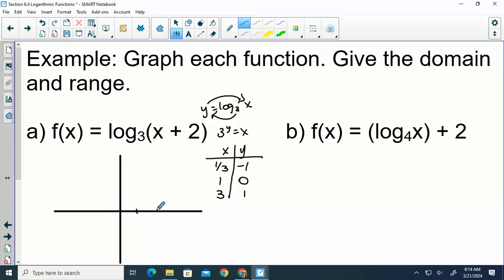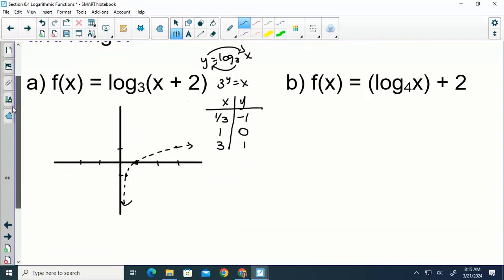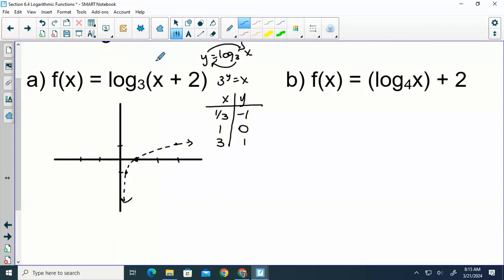So -1, 1/3, 0, 1, 1, 3. This is my parent function, so we always do that dash. Then what's the transformation? If I move this left or right, what else moves? Right. We had a vertical asymptote at 0.